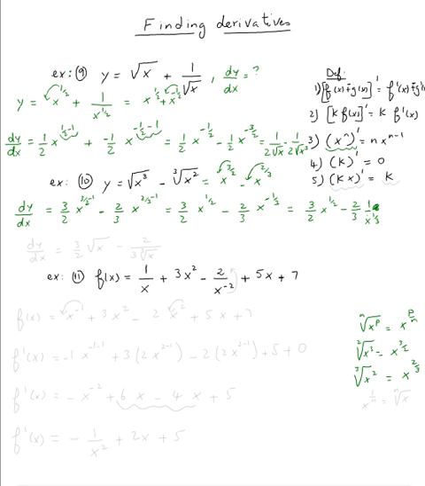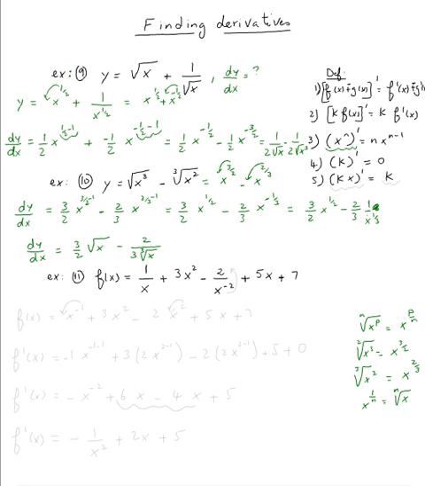Now, one more step and we'll be done. dy/dx is equal to 3/2 times x to the 1/2, which is the same thing as square root of x, minus 2 over 3 times x to the 1/3, which is the cube root of x. We're using which formula? We know the x to 1 over n, let me write it here, is the same thing as the nth root of x.